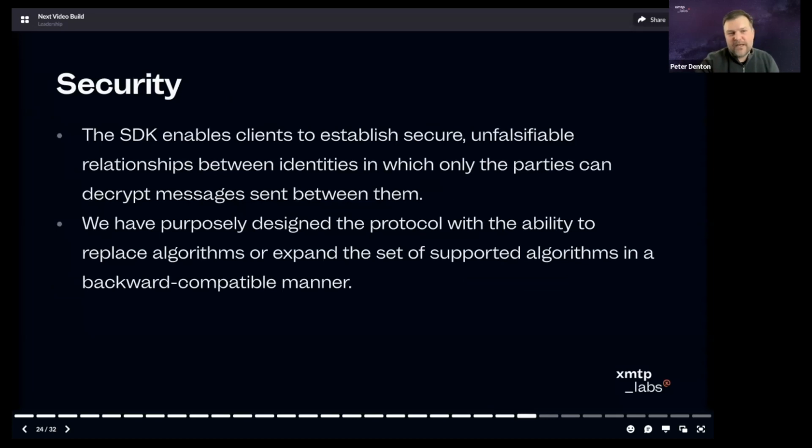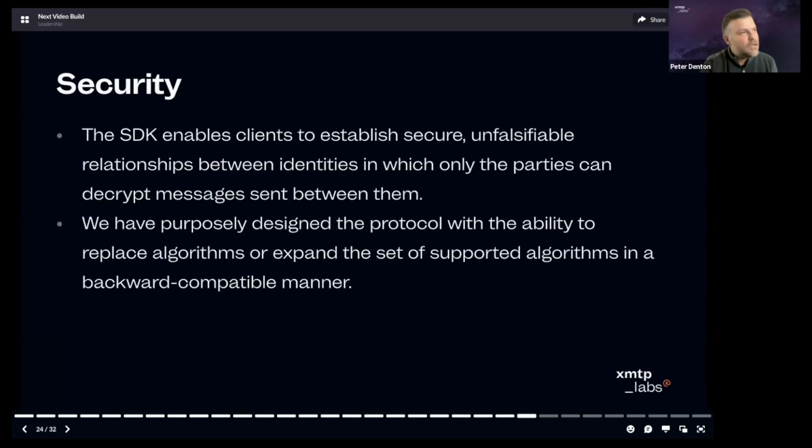I'll go through this quickly and then get to questions. We take security extremely seriously. We have an awesome security team really focused on unfalsifiable relationships between identities. If you look at most of the biggest problems in Web3, outside of all the craziness over the last week, a lot of it is fraud through spoofing an identity, right? People go onto Discord, they can impersonate really easily.